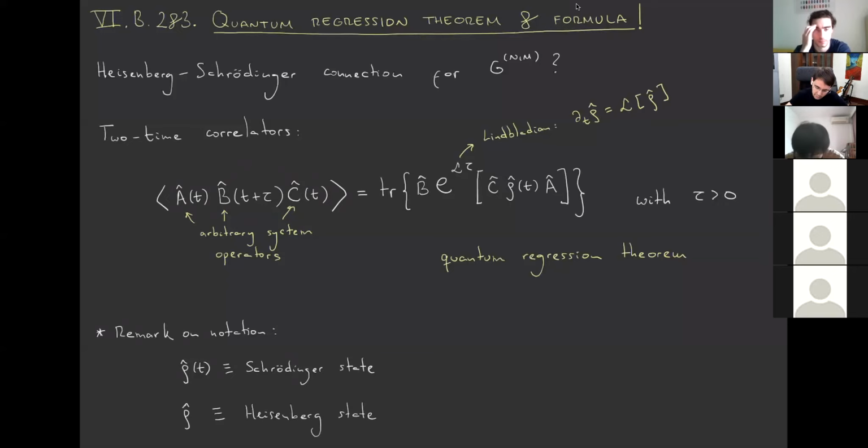Similarly, if I give you an operator A, B, C, and so on, and I don't write a time label, then this means that this is a Schrodinger picture operator. And if I write the label explicitly of time, then this means that I am talking about a Heisenberg picture operator.